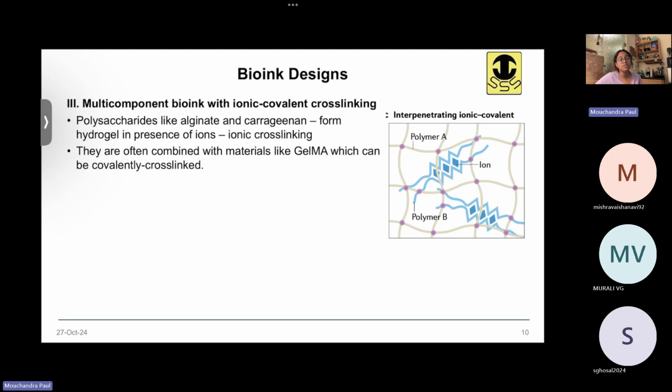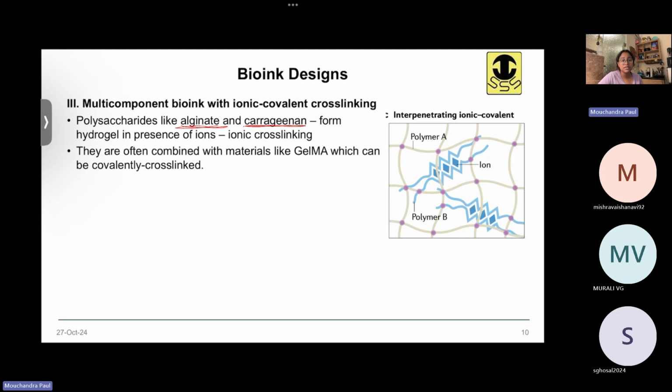So you can mix them with polysaccharides like alginate, sodium alginate, or carrageenan. These are derived from plants, like alginate is derived from algae, and carrageenan is also derived from algae. The beauty of these materials is that they are viscous in nature. Okay, it doesn't flow very easily.